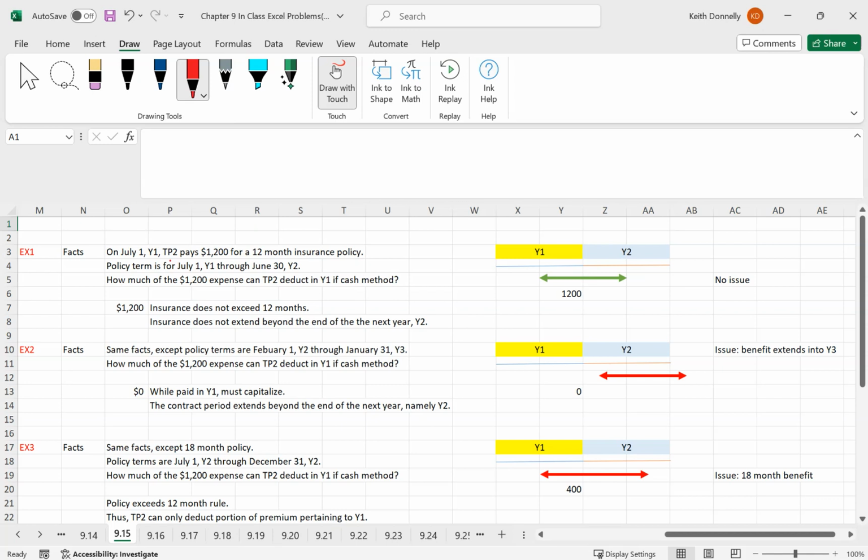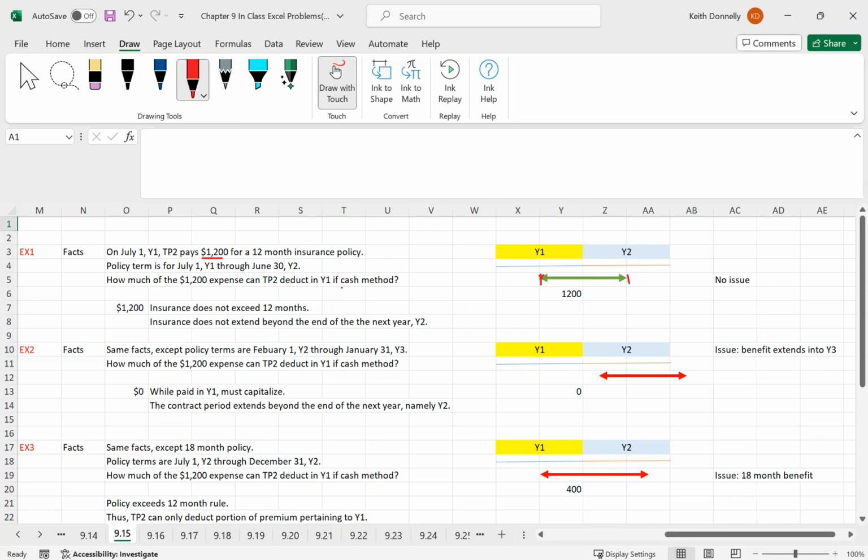So let's look at this over here. On July 1st, year one, a taxpayer pays $1,200 for an insurance policy. Here we go, we pay $1,200. The policy term is from July 1st through June 30th. So it's this guy right here. It's 1 year. How much of the $1,200 expense can they deduct if it's the cash method?